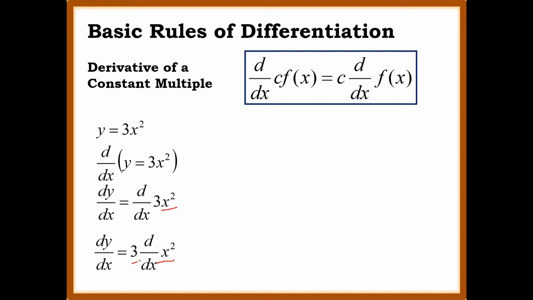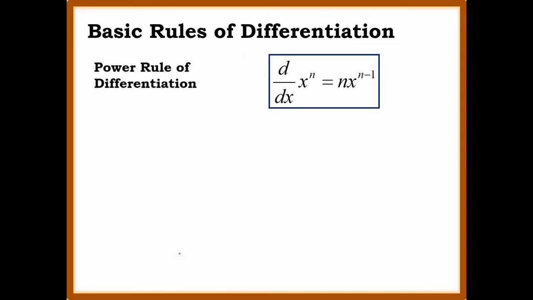Sir, bakit kailangan pang paghiwalayin? Kasi we have a formula na nagsosolve ng derivative ng isang variable x raised to any constant. That is our third rule, which is the power rule of differentiation. Seems familiar? X raised to a certain constant n. To get the derivative with respect to x, anong nangyari?